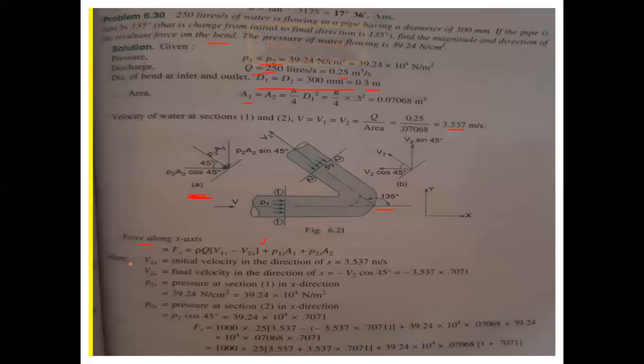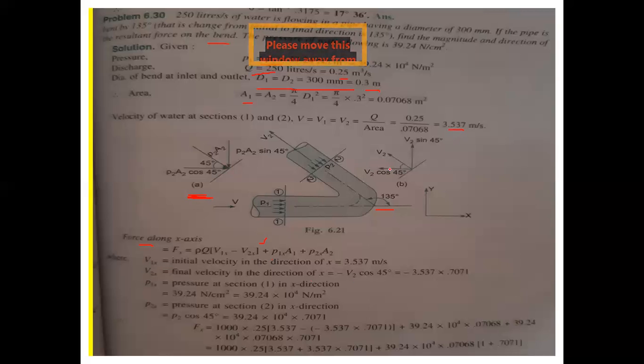Now V1x is the initial velocity, that is 3.537, which we already got here. For section 2, the final velocity in the direction of x is minus V2 cos 45 degrees. So here minus V2 cos 45 degrees.